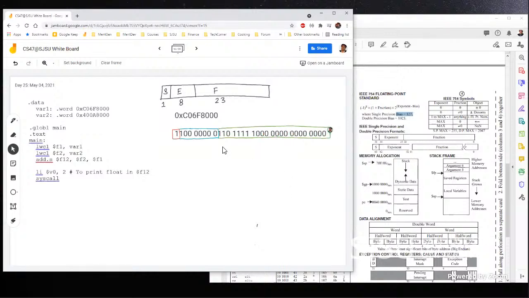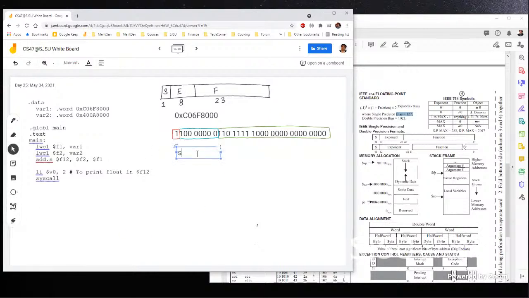So just to make sure: 8 bits for the exponent, 1 bit for the sign, and 23 bits for the fraction.